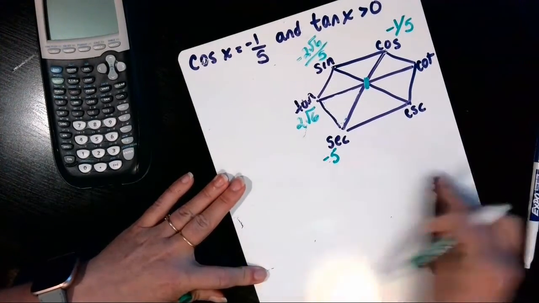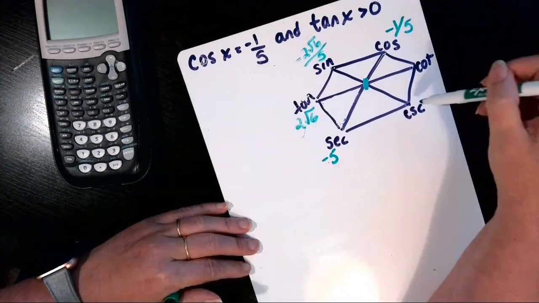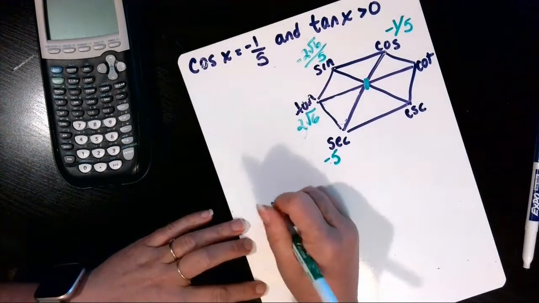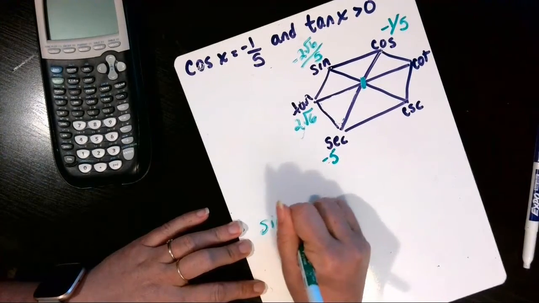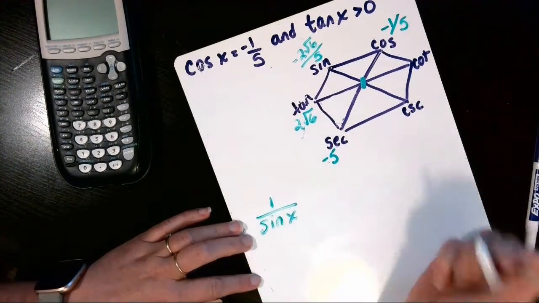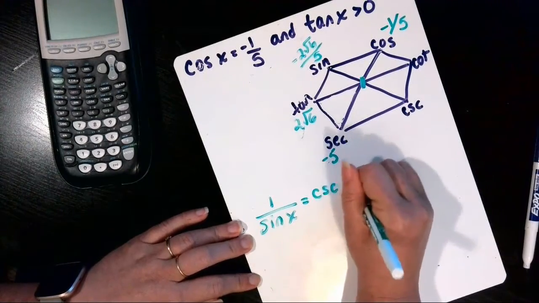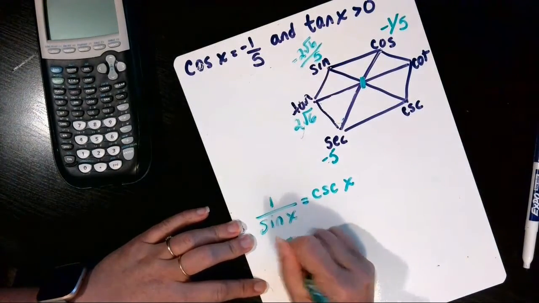Okay, then to find the cosecant, we could do the reciprocal of the sine. So since sine of x in the denominator is going to be equal to the cosecant of x, we can take the reciprocal then of the sine.